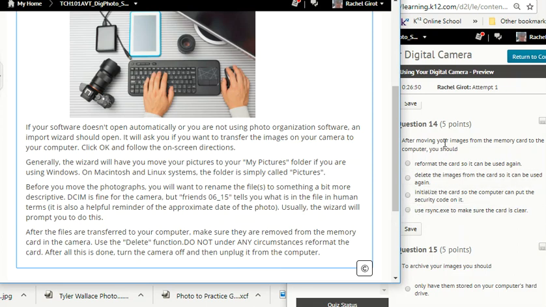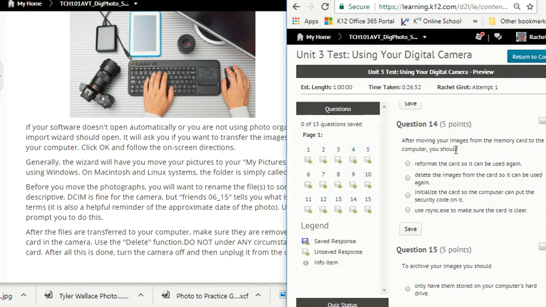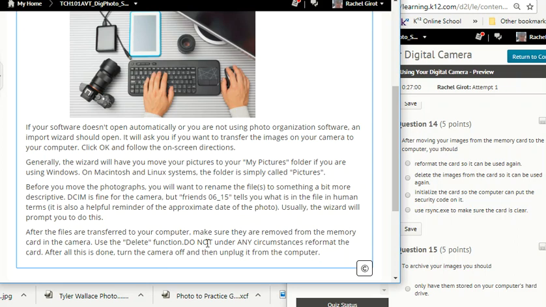So for me, I see what they're saying. It says after moving your images from the memory card to the computer, delete the images from the card so that it can be used again. On my camera, this is kind of interesting. I delete my pictures, but for some reason, I have to reprogram my card every single time.